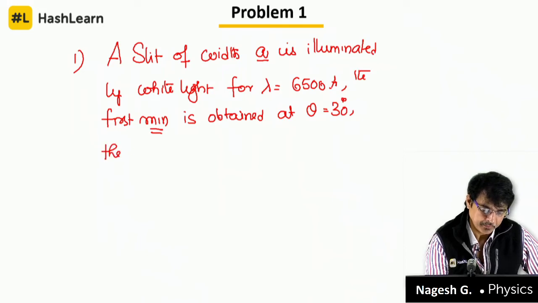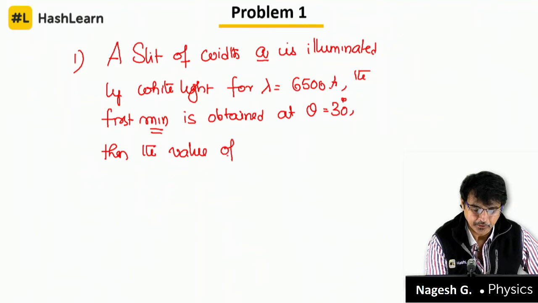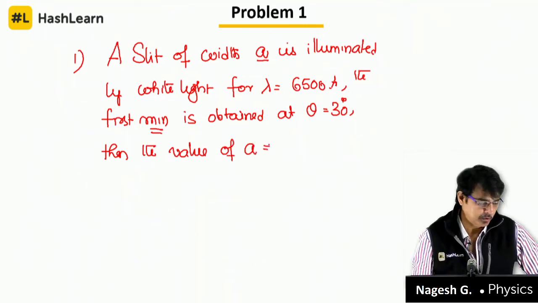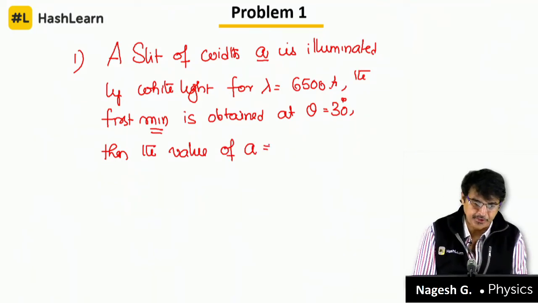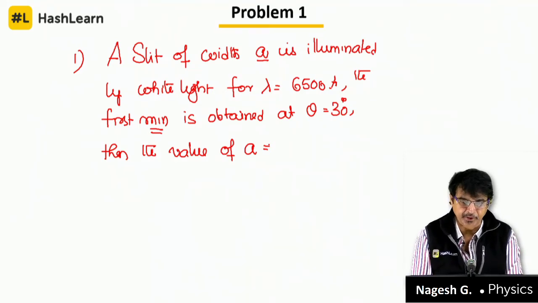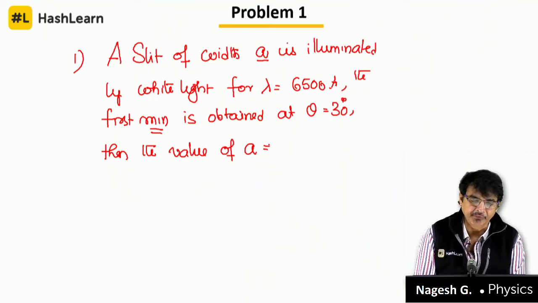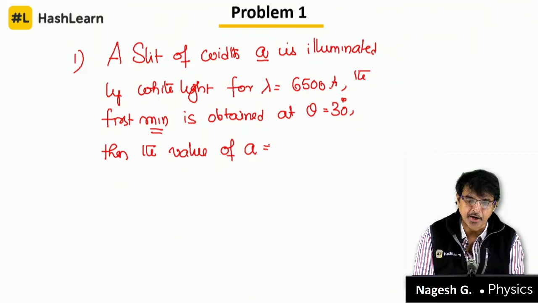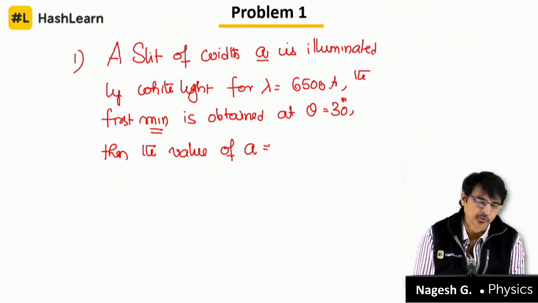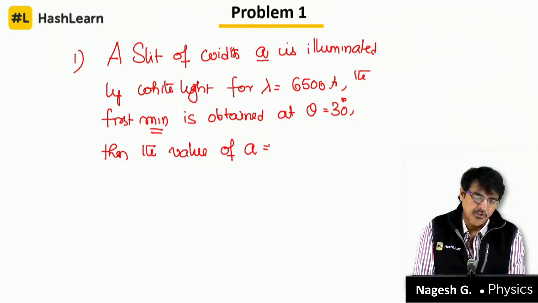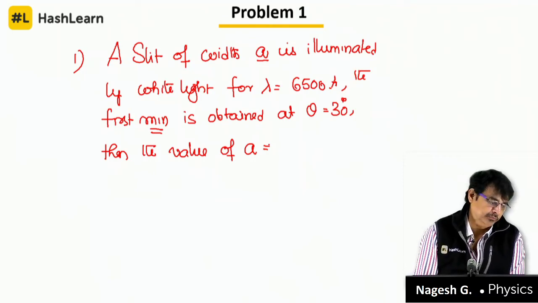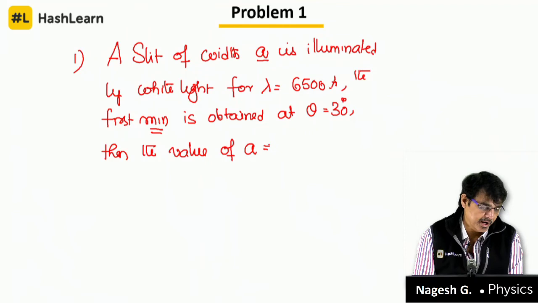Then the value of A is equal to, once again I am dictating the problem. A slit of width small a is illuminated by white light for lambda equal to 6500 angstroms. The first minimum is obtained at theta equal to 30 degrees. Then you are asked to find the value of the slit width a.